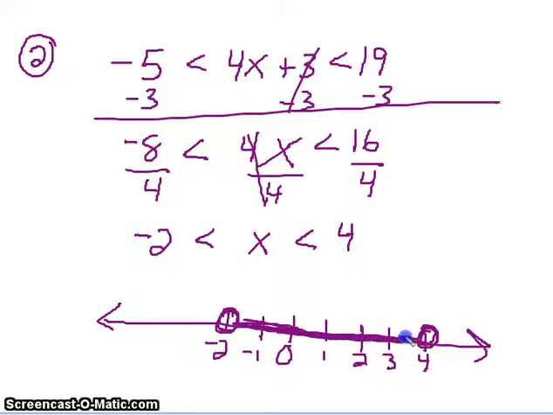So this is a barbell. It says it's less than and makes a barbell. I'm going to work one more of each kind.